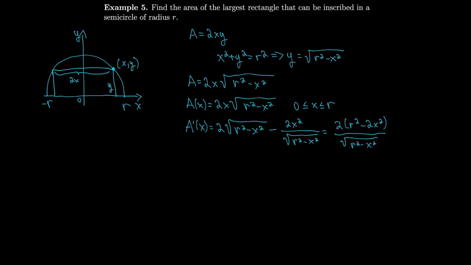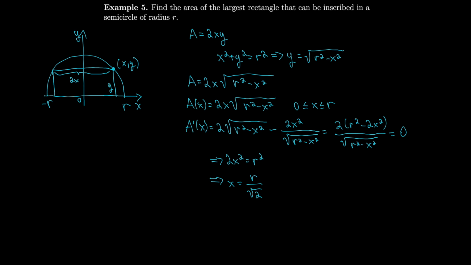So we would like to know when this equals 0. Well, if that equals 0, that implies that 2x squared is equal to r squared. That's how our numerator cancels and gives us 0. So solving for x tells us that x is r over the square root of 2.